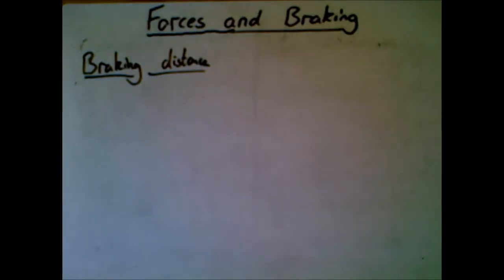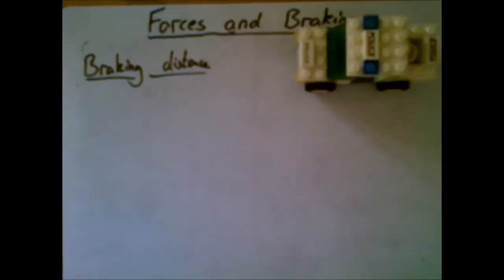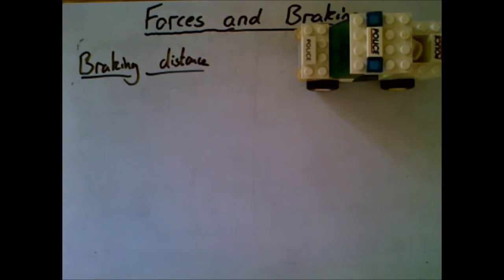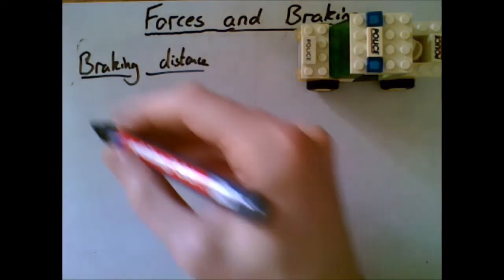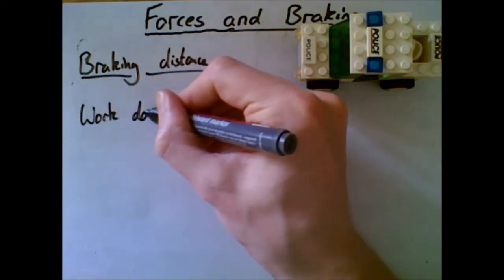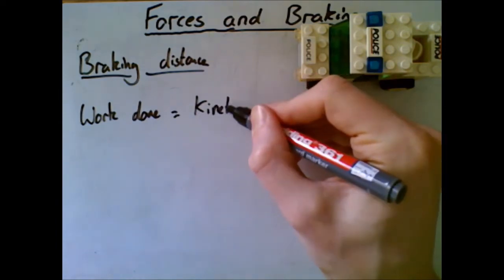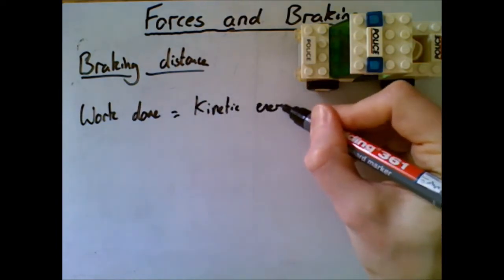Now, this is coming back to the example we had with this truck in the last video. Okay, and we talked about it stopping and looking at the work done by the brakes to transfer the kinetic energy. And so what we had was the work done, this is by the brakes, equals the kinetic energy which our car had to start with.